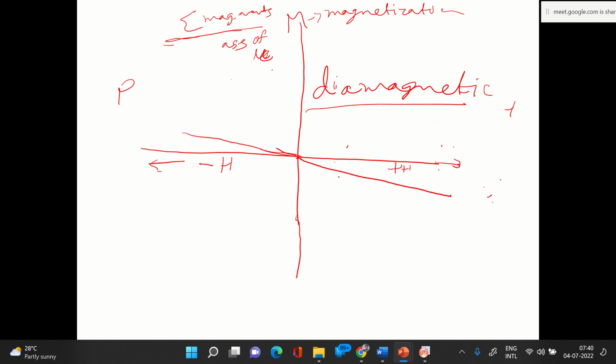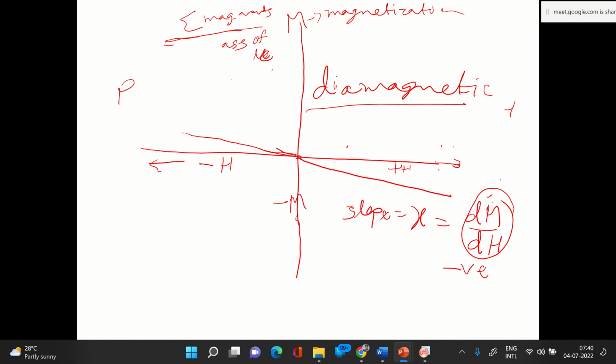A very small negative value of magnetization is achieved. So when you take this slope, chi is actually dM by dH, which is negative in this case.